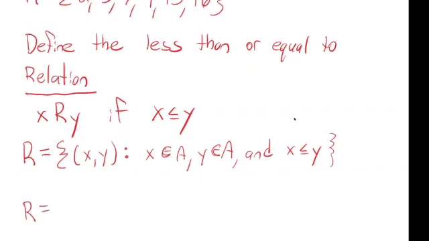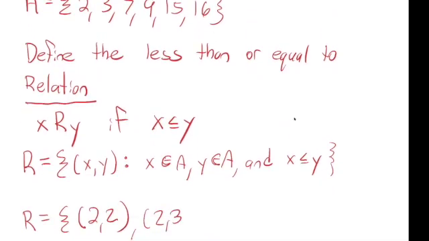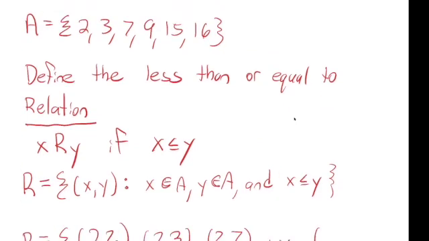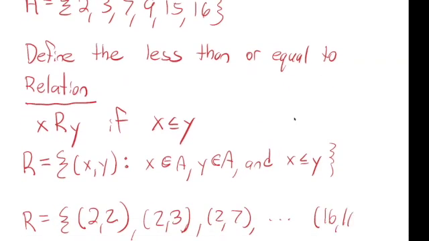Otherwise, we would have to say, okay, 2, 2, that's going to be in there because 2 is less than or equal to itself. And then I would have 2, 3, all the way up to say element 16, 16. So that saves time of having to list out every single ordered pair that would satisfy this relation.